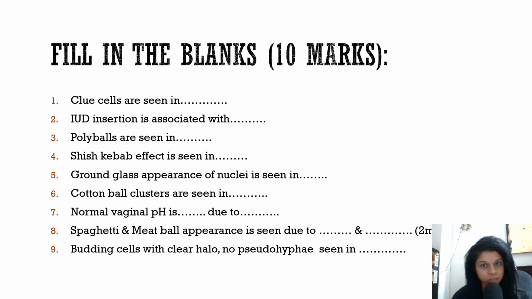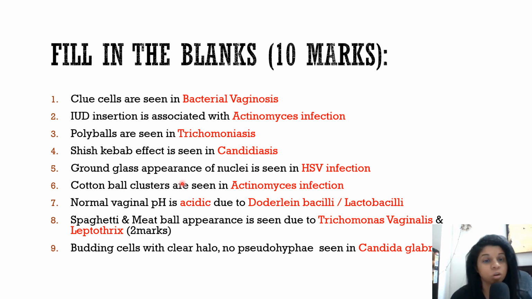So if you have written, I'll go to the answers. Clue cells are seen in bacterial vaginosis. IUD insertion is associated with actinomyces infection. Polyballs are seen in trichomoniasis. Shish kebab effect is seen in candidiasis. Ground glass appearance of nuclei is seen in herpes simplex virus infection.